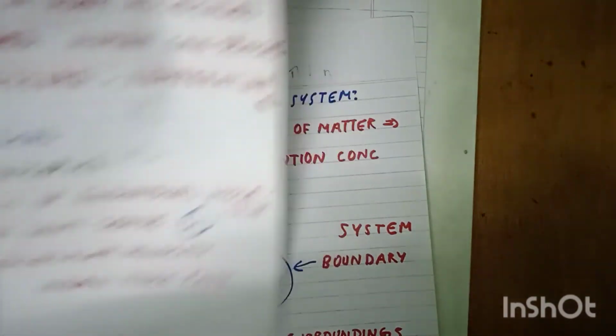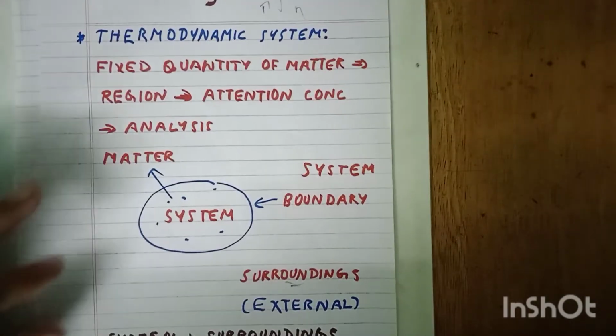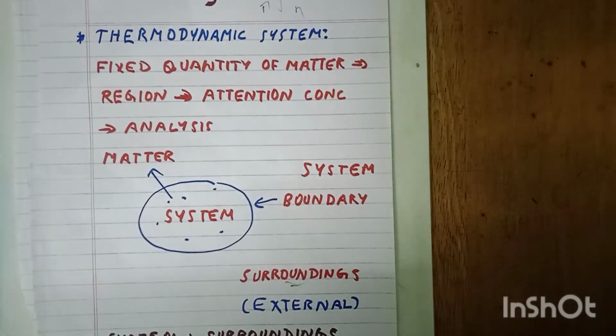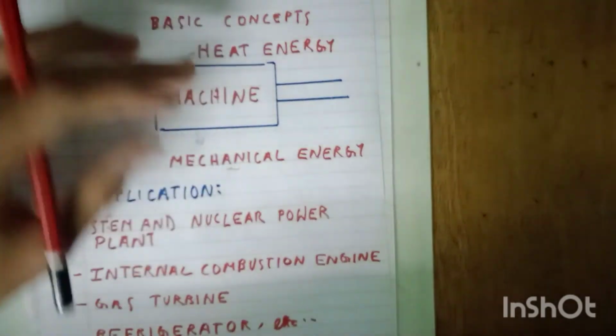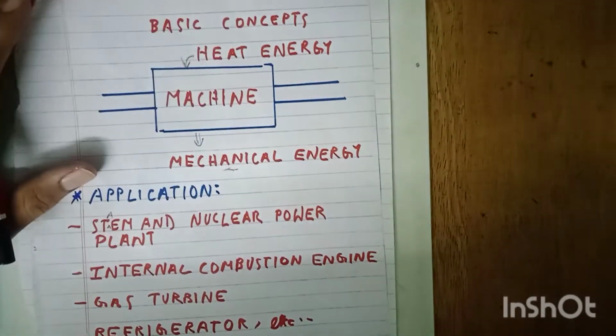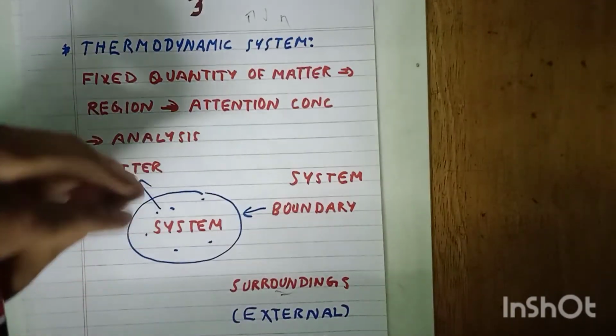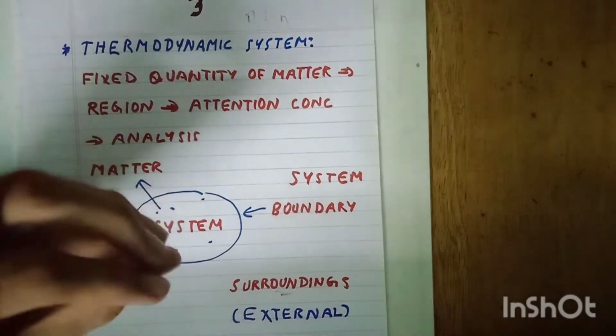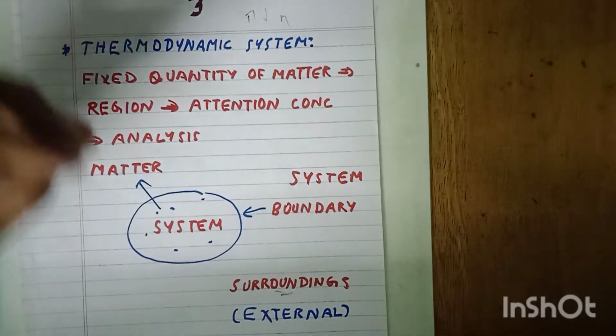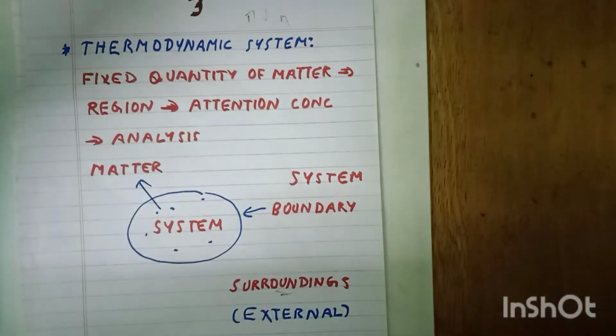Let's move on to the next one, which is the thermodynamic system. We have learned about the machine, and the conversion between heat energy and mechanical energy. A thermodynamic system is a fixed quantity of matter in a particular region where attention is concentrated for analysis of a problem.